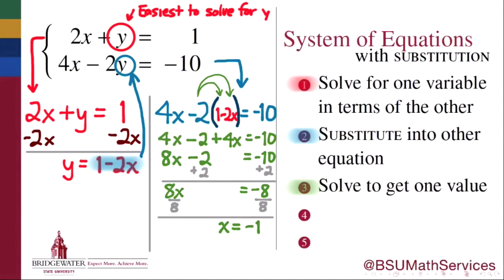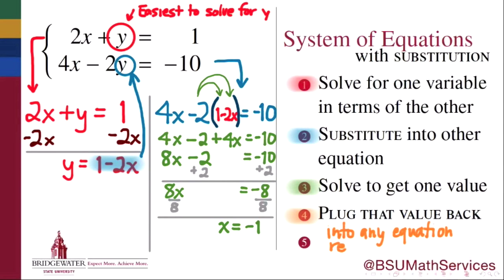So we know now what value x should take in the solution of this system of equations. But we're not done yet, because we also need to determine a value for y. Luckily, because we know that x has to be this specific number, negative 1, we can use that knowledge to discover what value y should take by plugging negative 1 back into any equation that we have that relates y to x.